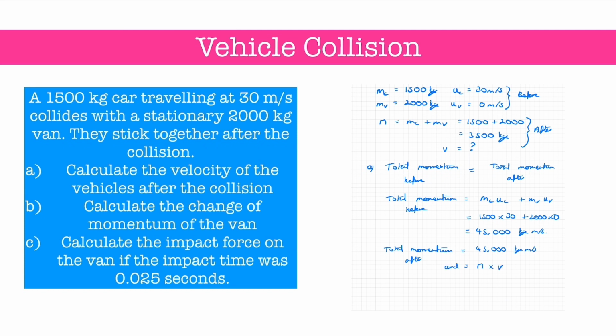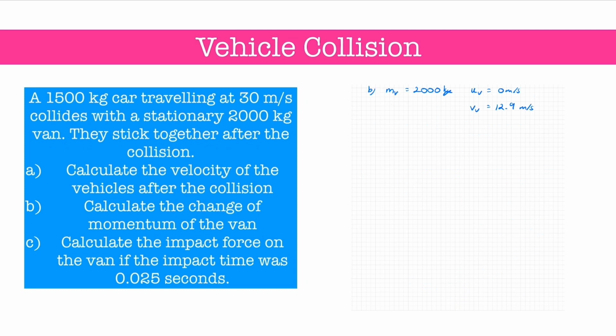So we end up with 45,000 is equal to the mass, 3,500 multiplied by the common velocity. So we end up with the velocity being equal to 45,000 divided by 3,500, which gives a velocity of 12.9 metres per second, which I've rounded to 3 significant figures. As we're going to need this value later, I'm keeping the unrounded value in my calculator ready to use.